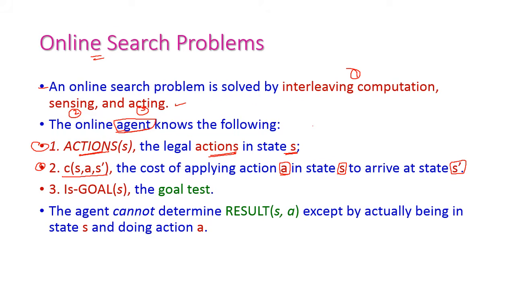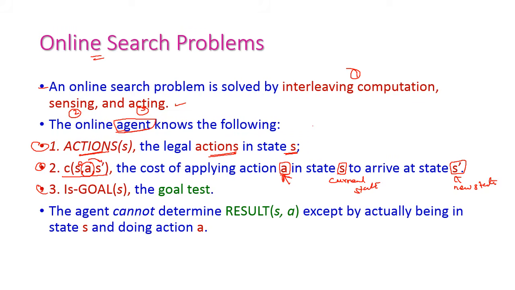Here the legal action is A, S is the current state, and S dash is the new state. So the agent can compute the cost of this particular action on S to get S dash.